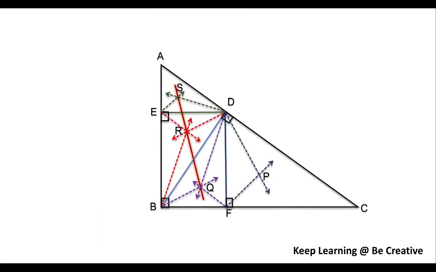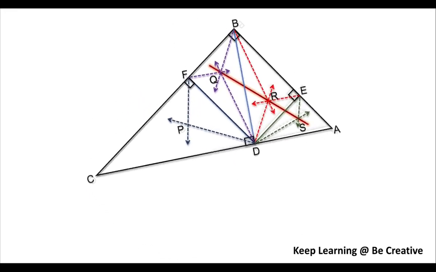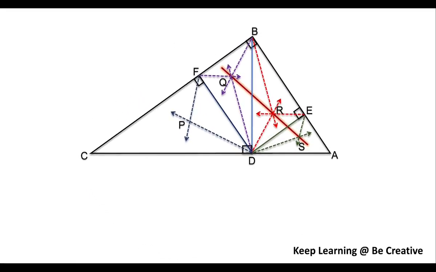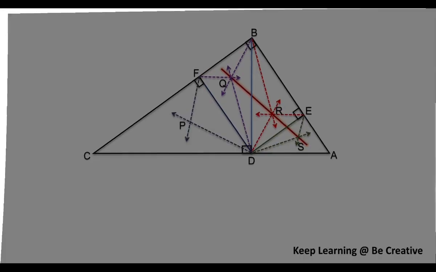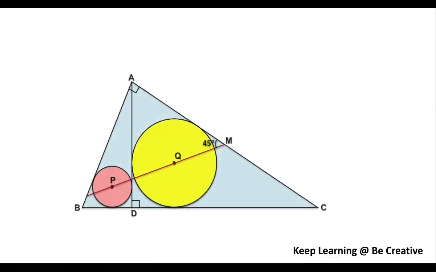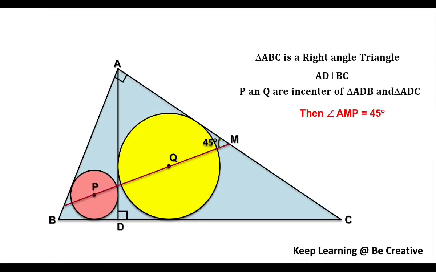Now we have already drawn the diagram correctly. So for solving this, let me just rotate this diagram. Now before moving to the solution, let me just remind you of a concept: if we have a right angle triangle and if we draw an altitude AD on the hypotenuse, then we will have 2 more right angle triangles.